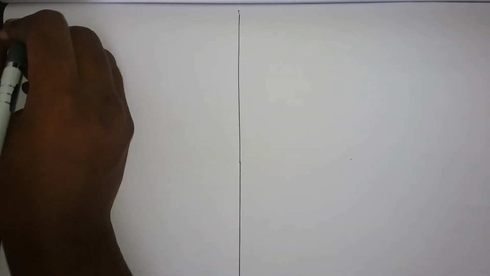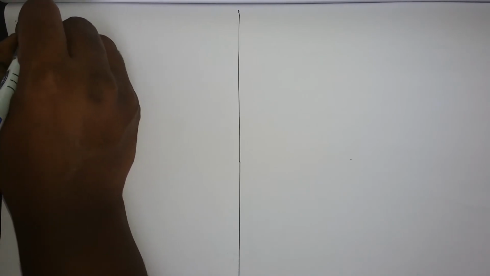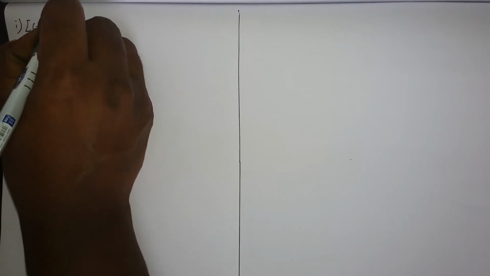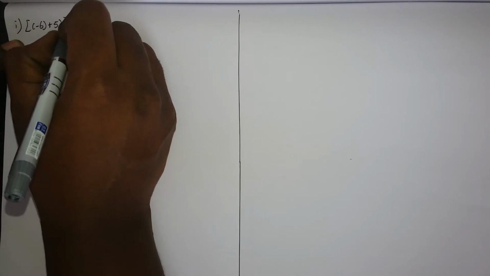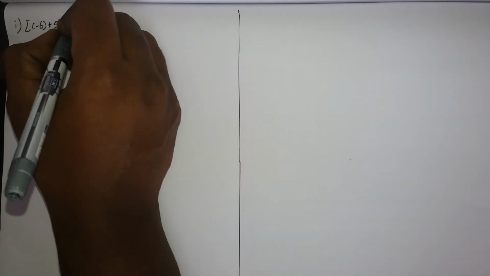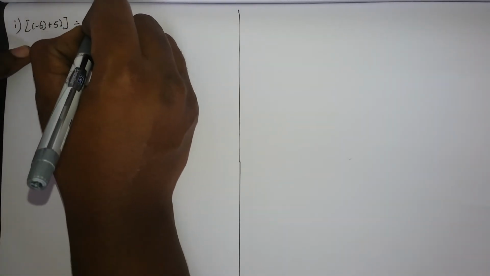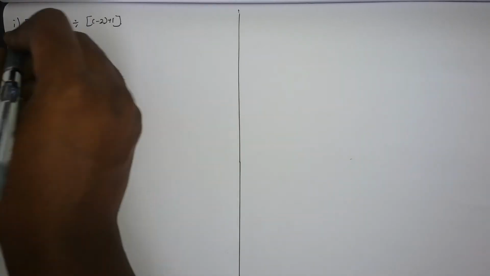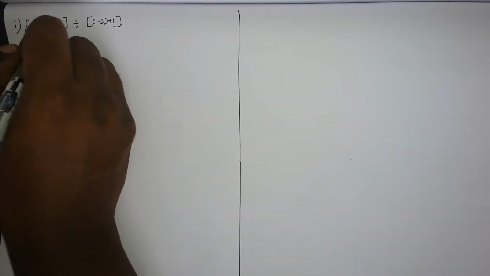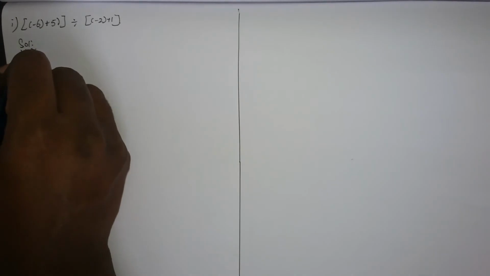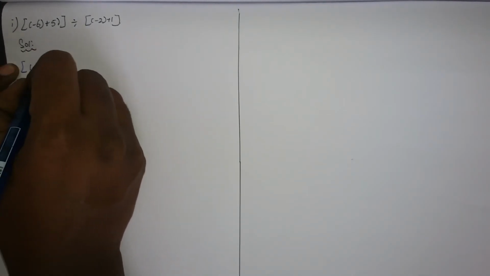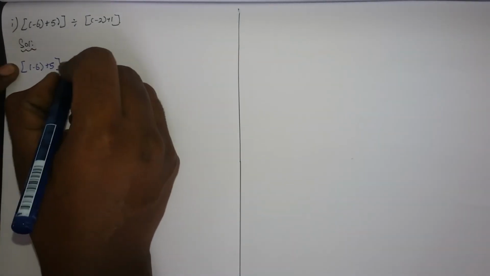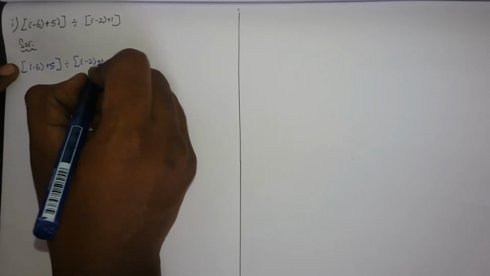We move to the I sum, that is minus 6 plus 5 divided by minus 2 plus 1. So my solution will be minus 6 plus 5 divided by minus 2 plus 1, right?